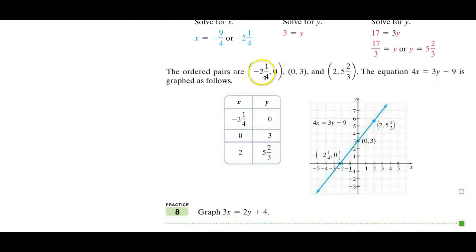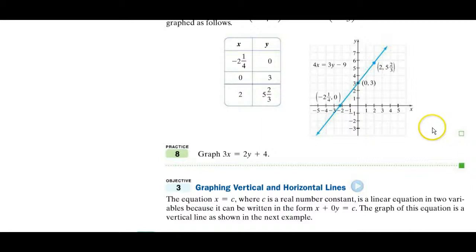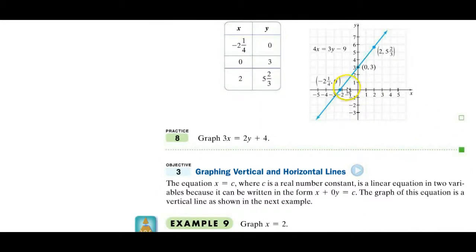So there's the x and y intercepts. And again, sometimes it's very difficult to plot fractions on your graph. So again, you're going to try every effort to do it that way. But I've had situations where that was a problem.